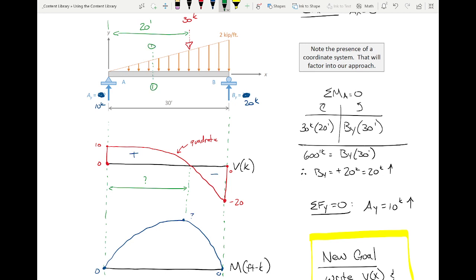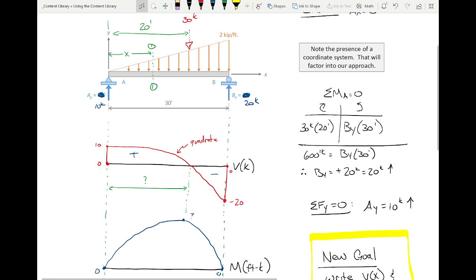What does right here mean? I propose that this distance is x. Okay? So I'm cutting a section at some arbitrary location, some distance x away from the left support, right? Because from here to here, that's the x-axis. So I'm going to cut it at some distance x, and I'm going to cut a section and look to the left.